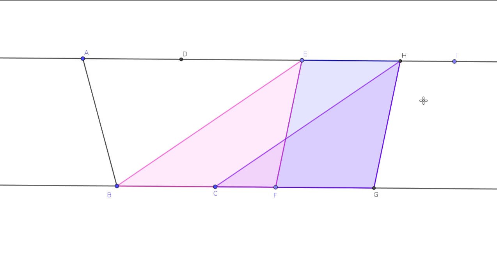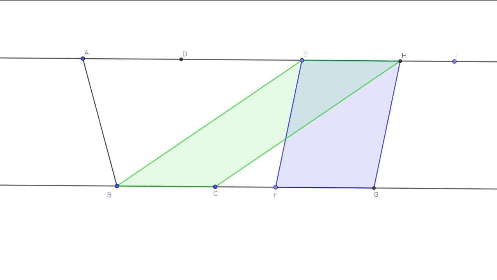Now, what that gives us is that we have corresponding angles that are going to be congruent, and so our corresponding angle congruence theorem says that our line BE has to be parallel to our line CH. And so what that means is that our quadrilateral BCHE is, sure enough, going to be a parallelogram.